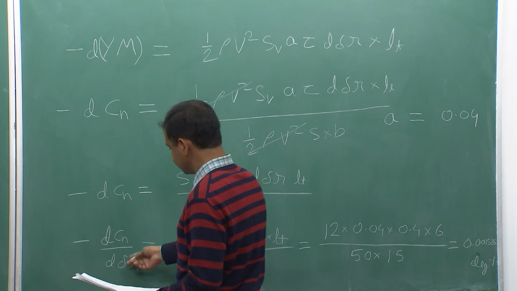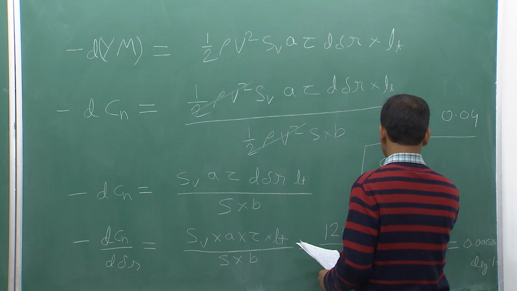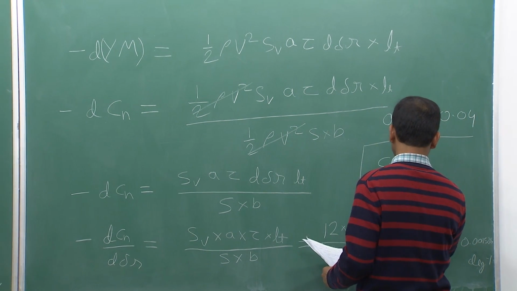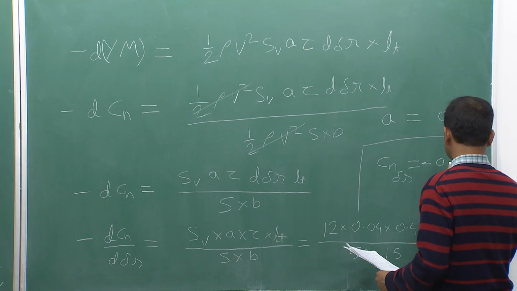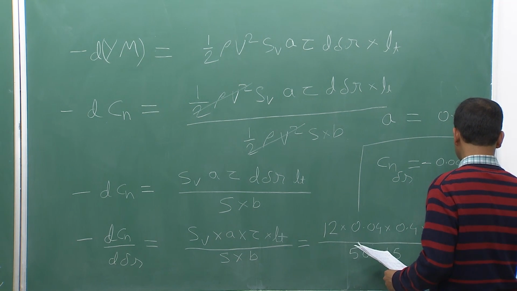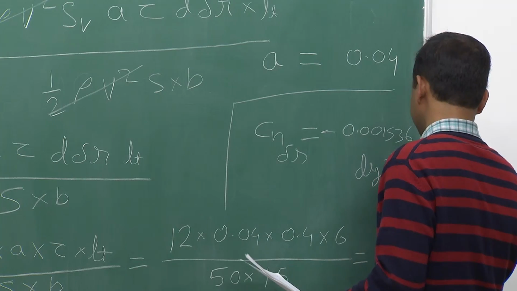And dCn by d delta r is nothing but Cn delta r, and this will be minus 0.001536 per degree.